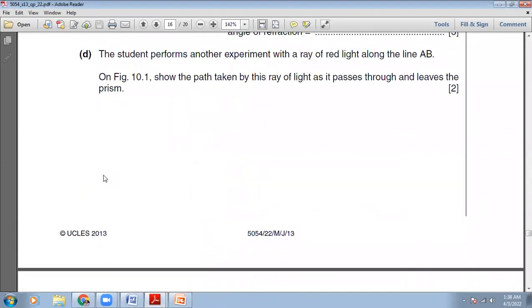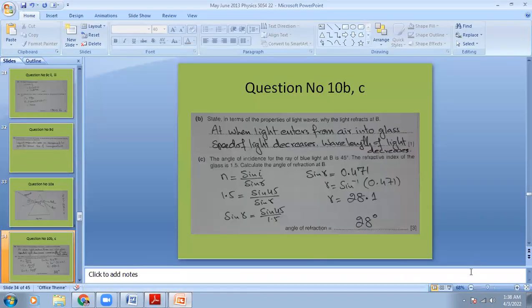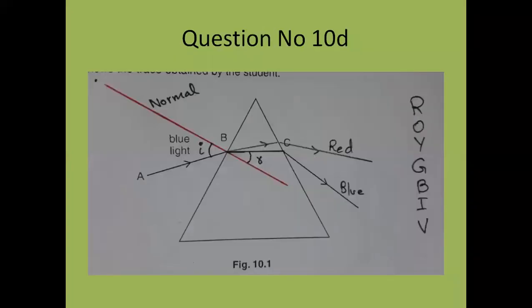He says, the student performs another experiment with a ray of red light along the line AB. On the figure 10.1, show the path taken by this ray of light as it passes through and leaves the prism. You can see that I have drawn that because of the colors which are formed when the white light is dispersed.